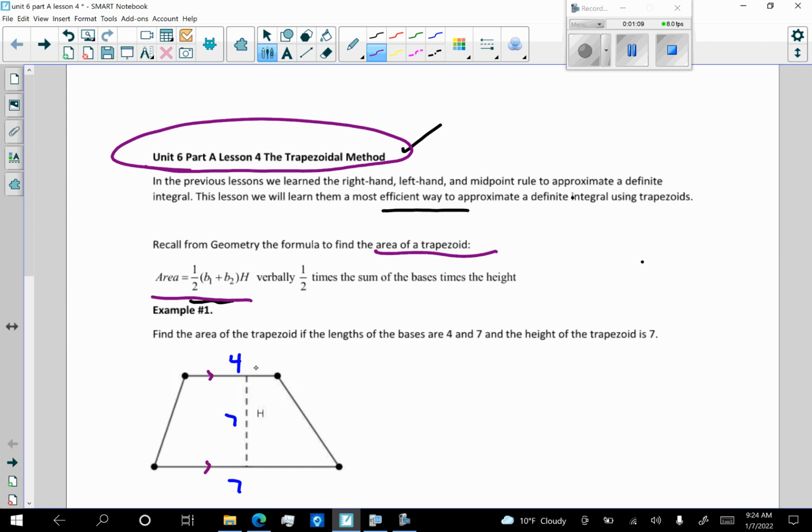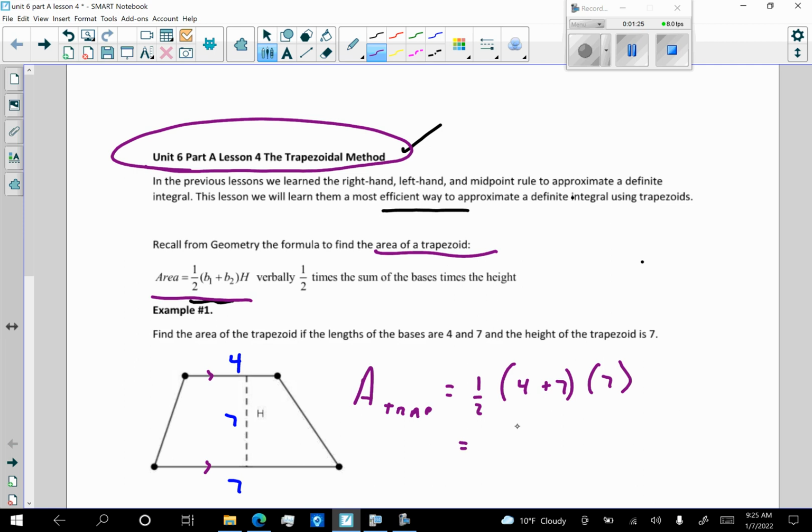If the lengths of the bases are 4 and 7 and the height is 7, let's find the area of that trapezoid. The area is 1/2 the sum of the bases times the height, which is 7.